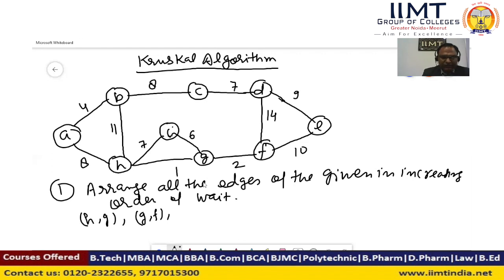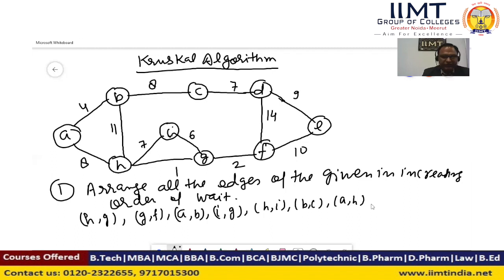No. There is a weight 4 assigned, so a comma b. Next, is 5 assigned? No. 6, yes. I comma g is the edge that has weight 6. After that 7, yes, h comma i. After that 8: b comma c and a comma h. These are the 2 edges.